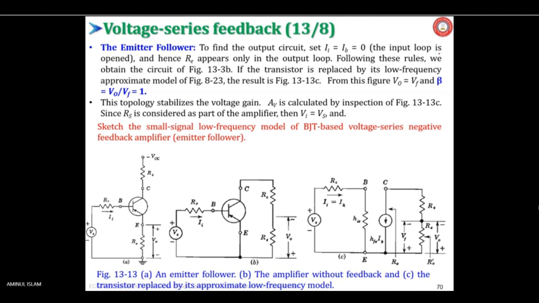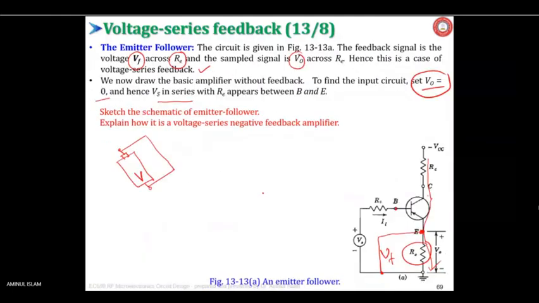The input loop is open any time. Like if you have a current, some current is flowing through a resistance or whatever, and you want to make the current zero. How is it possible?